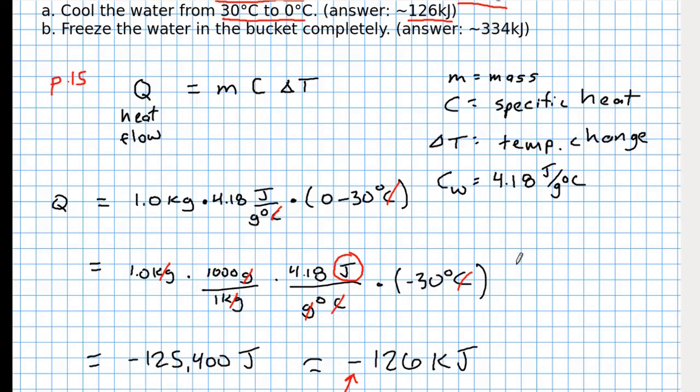There's another concept you need, which is that when you're changing the state of a material from liquid to solid, or from liquid to gas, or from gas to liquid, or from solid to liquid, any of those phase changes, the temperature doesn't change for quite a while because all of the energy goes into breaking or forming the bonds in the ice, or breaking or forming the molecular attractions in the liquid.